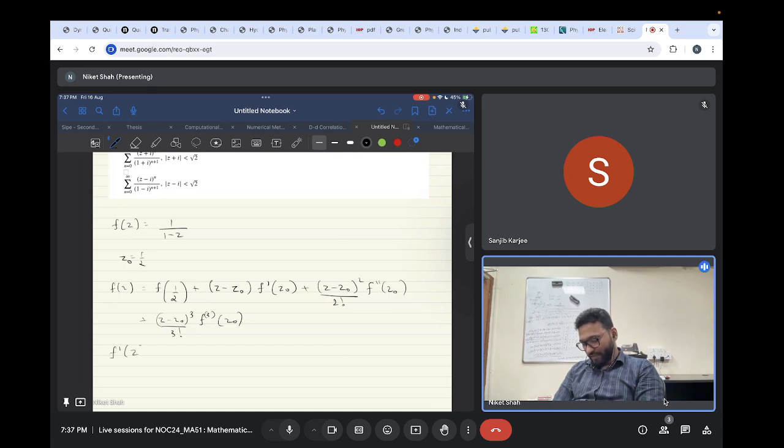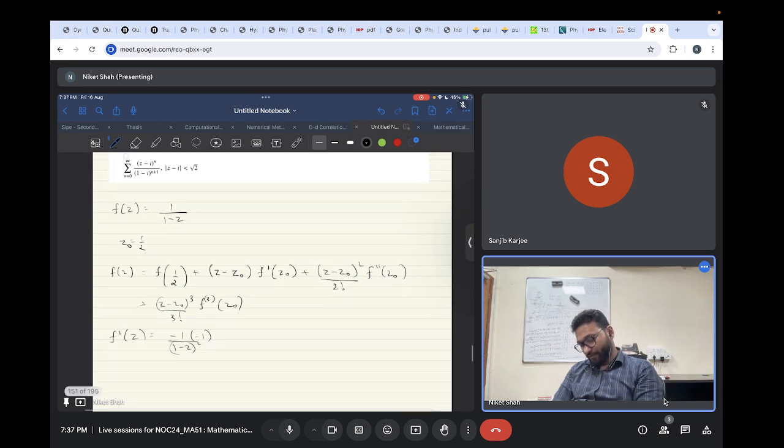F prime of z is equal to what? Minus 1 upon 1 minus z whole square, minus 1, is equal to 1 by 1 minus z whole square.